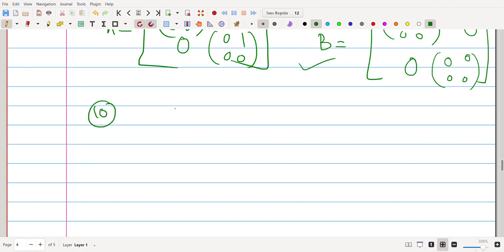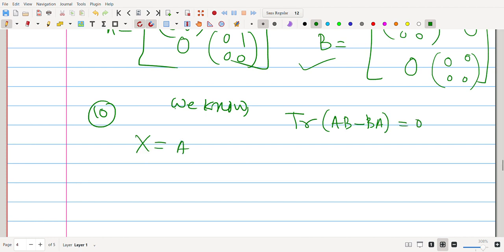Question number 10. So we know the trace of AB minus BA is 0. Right? Let X equal to AB minus BA. So AB minus BA is a 3 by 3 matrix. Let lambda 1, lambda 2, lambda 3 be the eigenvalues of X, not necessarily distinct.